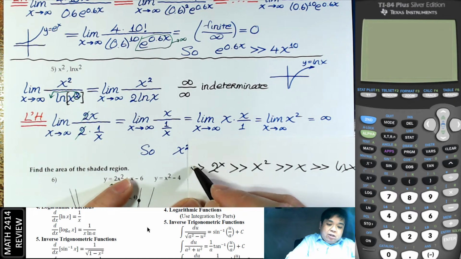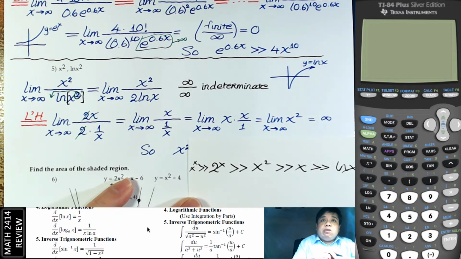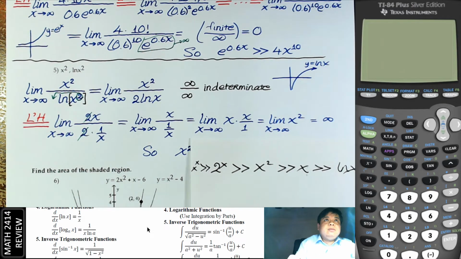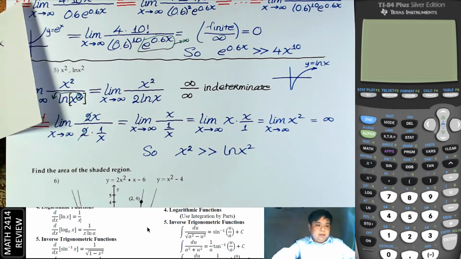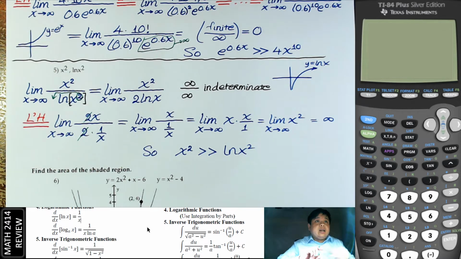We may have x to the x, which is the power function or factorial. Bottom line is the exponential function go faster than polynomial. Of course, higher degree of polynomial will go faster than the lower degree polynomial, and that's still greater than ln of x. And that's what we have for that problem.